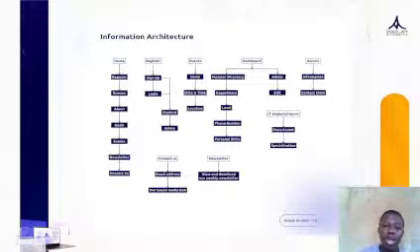Under register, we have sign up or log in as a student or as an admin. Everything is there. We also have events. Under events, we have the name, the date and time, the location. Everything is here.